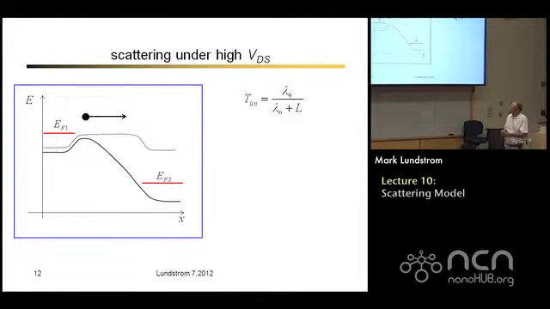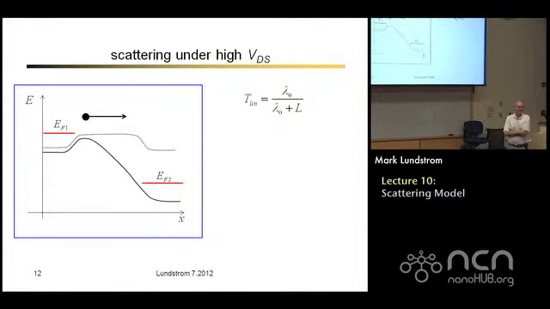Now, if you look at under high bias, okay, now the question, it's much more complicated. If you want to do this problem properly, we really need one of these Monte Carlo simulations like the results I showed you from IBM. And this is a very complicated problem to treat transport here. This non-local transport, velocity overshoot, all of these things going on. The electrons get a lot of kinetic energy when they get over that barrier and head to the drain.